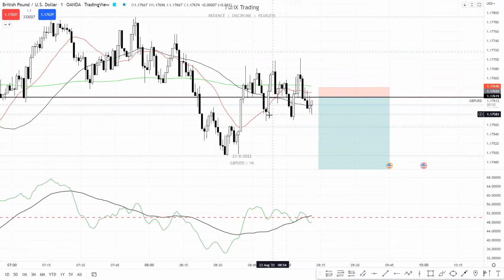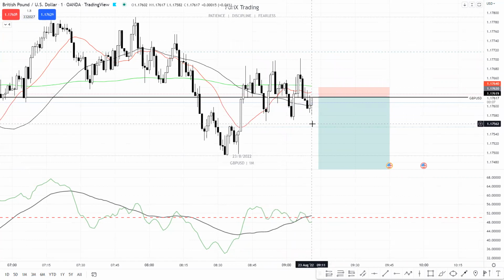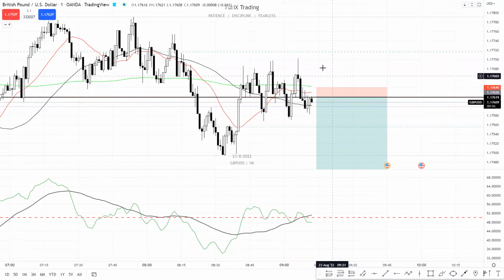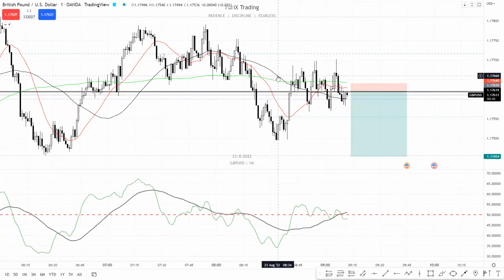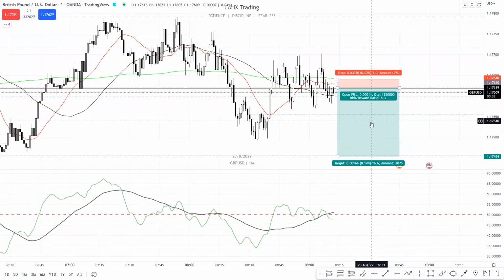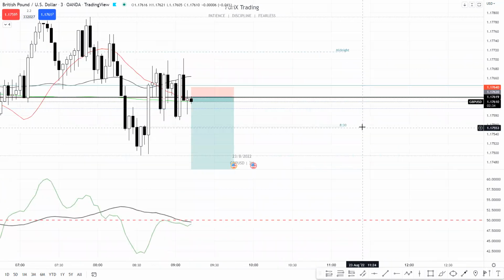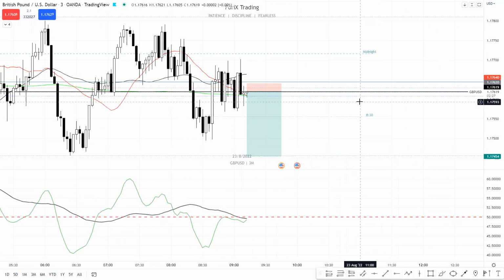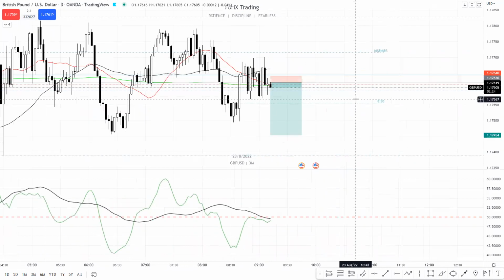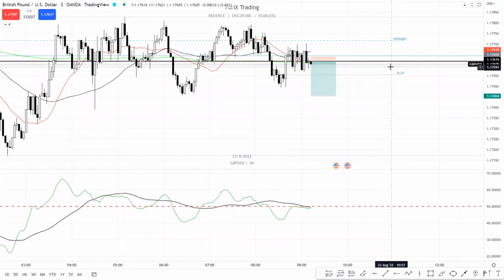So I have to be careful here because, very careful. Very bearish.